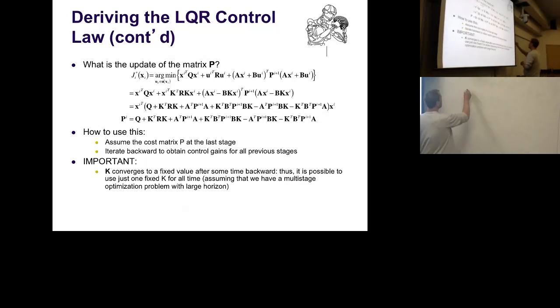But the idea is, this is called the Riccati equation, and these Riccati equations appear in optimal control all the time. It says that Pi equals some big stuff depending on Pi plus 1 and all other terms which we know.